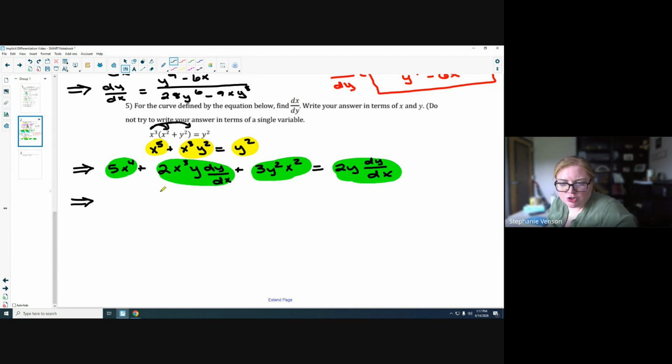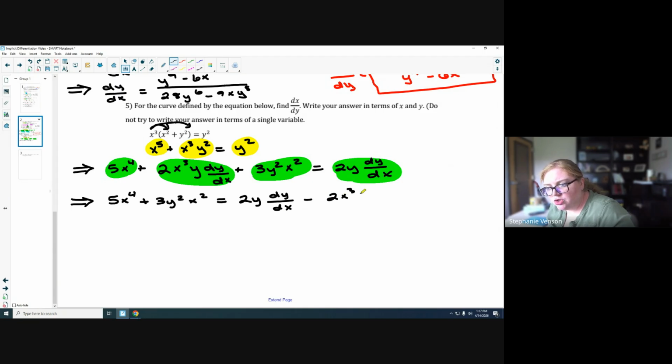And if I subtract this middle term over here, this becomes 5x to the 4th plus 3y squared x squared is equal to, and then we have the term that was already over here, 2y dy dx minus 2x cubed y dy dx. Okay, so I still have my 4 terms. You can see them here.